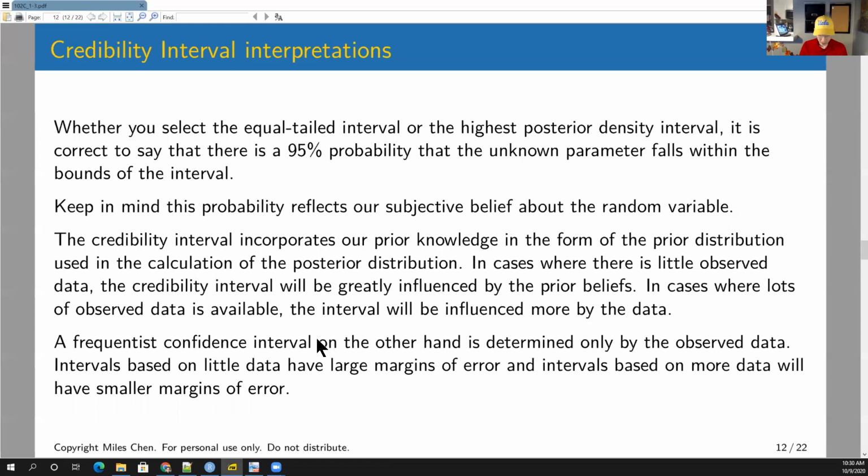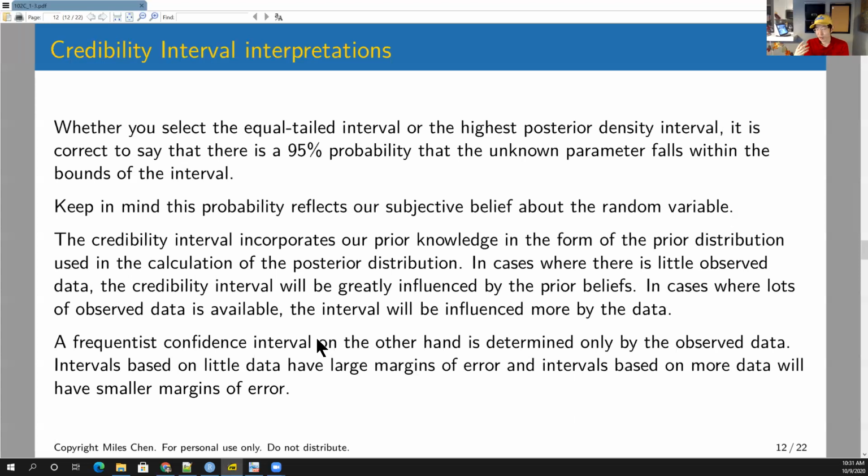In Bayesian statistics, when you create a credibility interval, it incorporates our prior knowledge in the form of the prior distribution that we used in calculating the posterior distribution. The credibility interval is based on the posterior distribution, but that posterior depends on the prior.